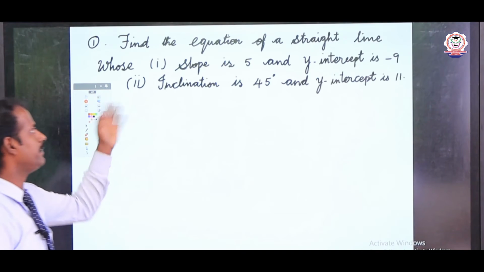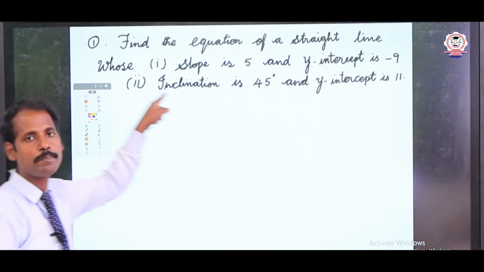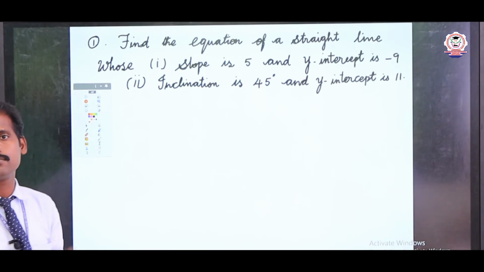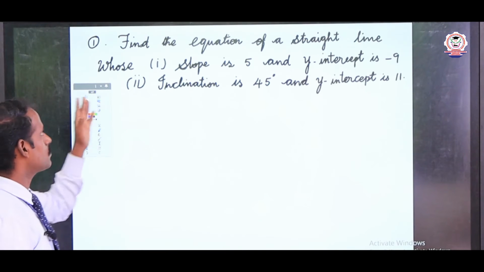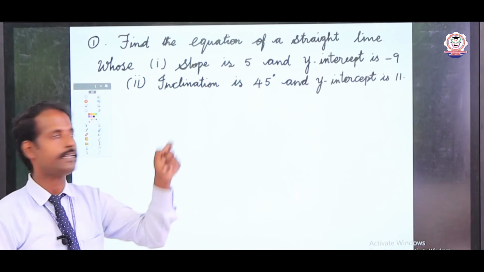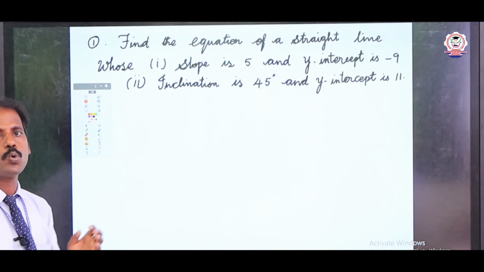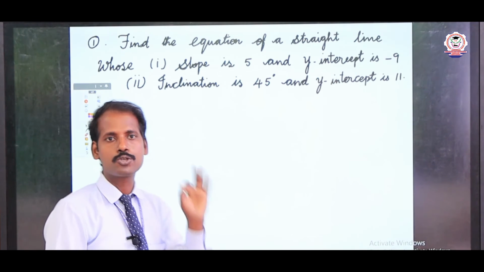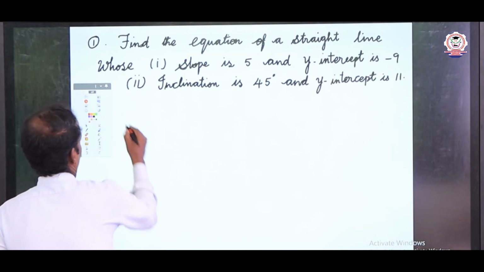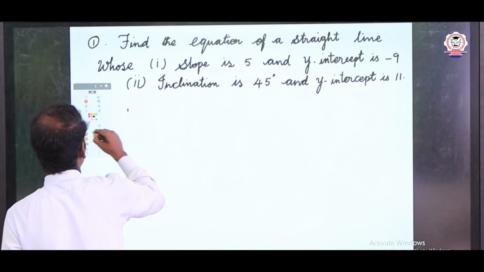The first sum: find the equation of the straight line whose slope is 5 and y-intercept is minus 9. What is given here? Slope is 5 and y-intercept is minus 9.